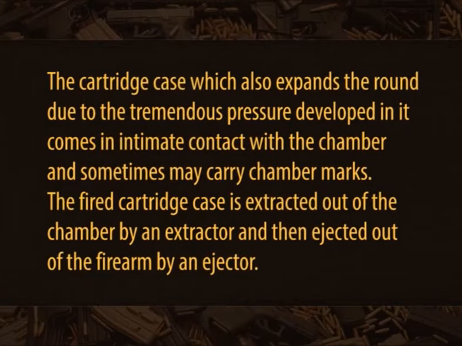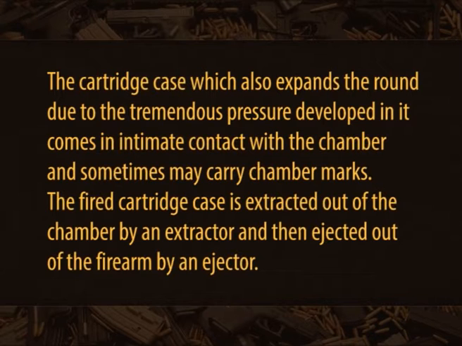While the bullet moves forward, the cartridge case is pushed backward. The case therefore comes in contact with the firing pin and the breech face of the breech block and picks up marks from their surface. The cartridge case, which also expands due to the tremendous pressure developed in it, comes in intimate contact with the chamber and sometimes may carry chamber marks.